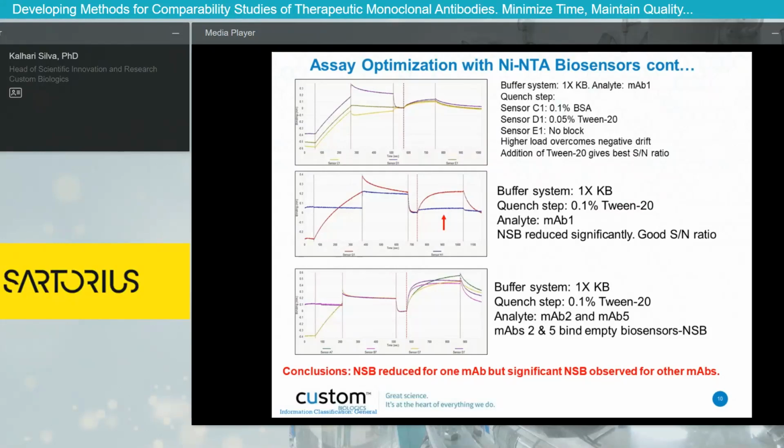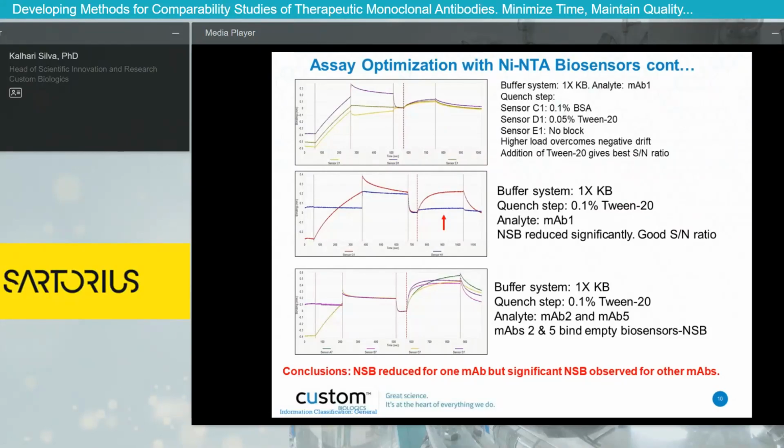So this is the second antibody coming from one expression system and another antibody coming from another expression system. When we're performing comparability studies, it's always necessary to make sure that the comparability conditions are the same throughout so that you can make accurate estimations.